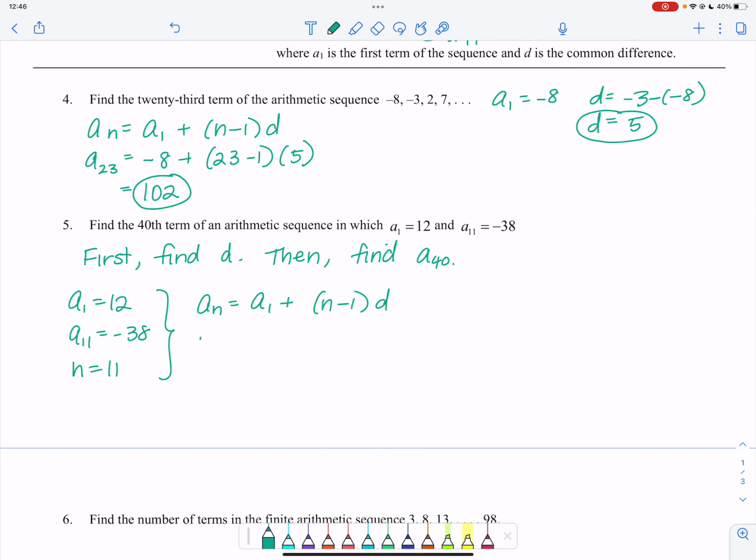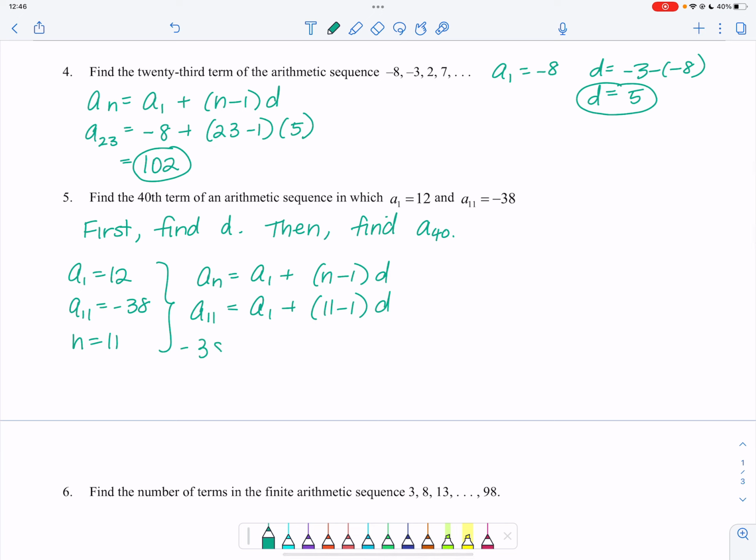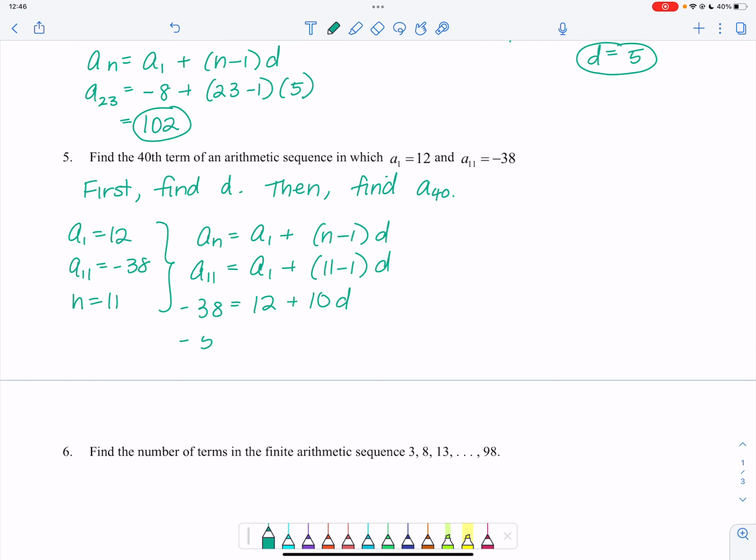So a sub 11 is going to equal a sub 1 plus 11 minus 1 times d. So we have negative 38 equals 12 plus 10d. So we have negative 50 equals 10d, and d is negative 5.